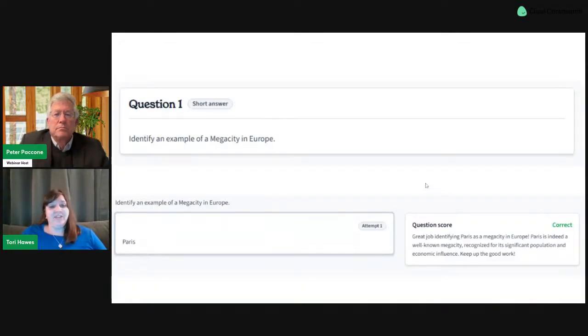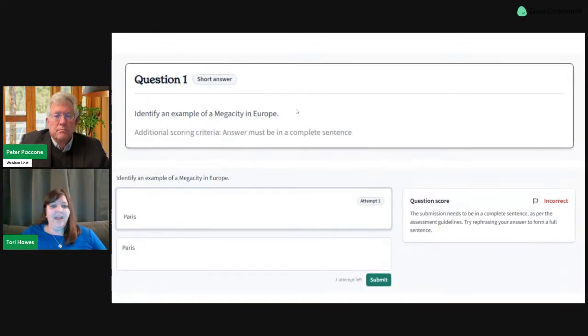So one of the features that I really appreciate that Class Companion has added in recent months is additional scoring criteria on the question. My rubric for this is just the AP Human Geography FRQ, where it gave the point to just the word, but by adding the additional scoring criteria, the student got the response that this submission needs to be in a complete sentence as per the assessment guidelines.